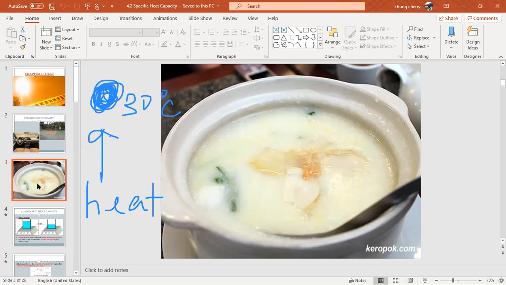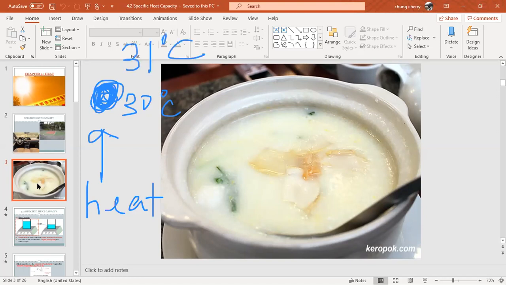Yes, it will increase. Okay, why will it increase? Because the object has absorbed the heat. When it absorbs enough heat, maybe a certain amount of heat, it's able to increase the temperature by maybe 1 degree Celsius.